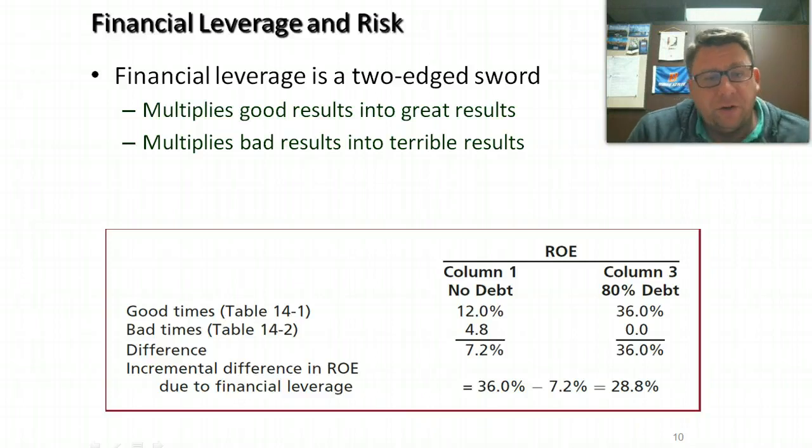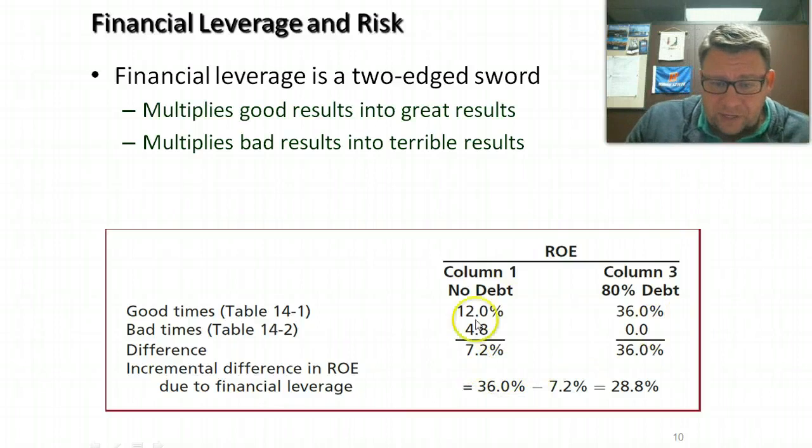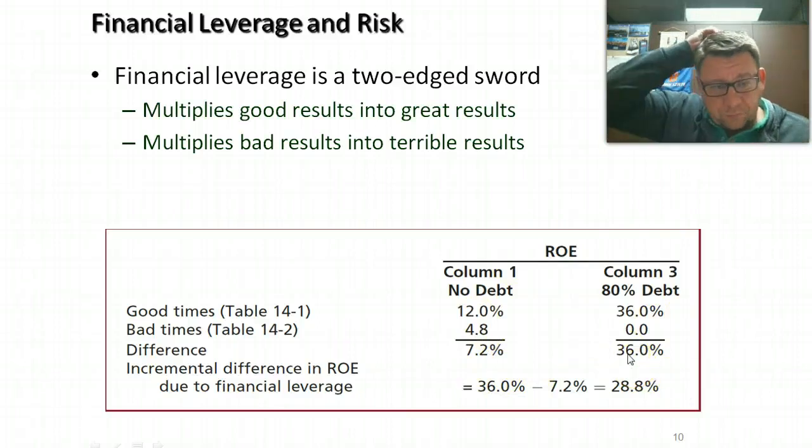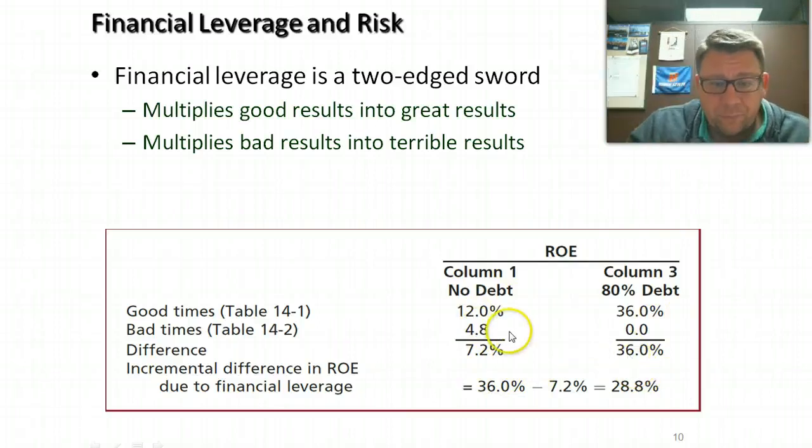As I've already alluded to, and you've probably figured out, financial leverage is a double-edged sword. When we can make good results, it can turn them into great results, but it can also take bad results and turn them into terrible results. The table I had earlier showed the swing that we could possibly have here, right?